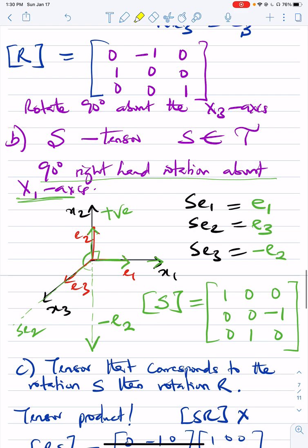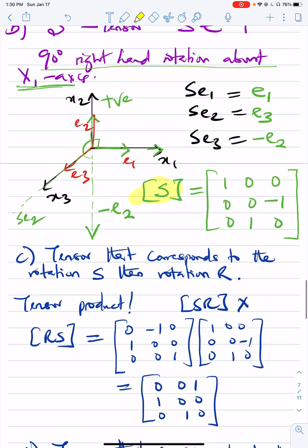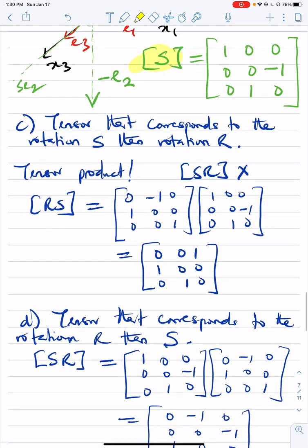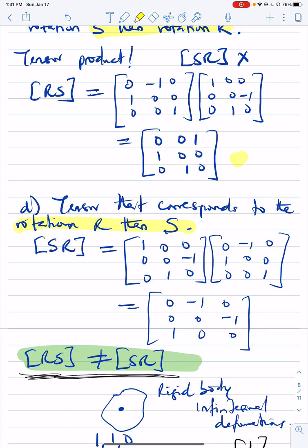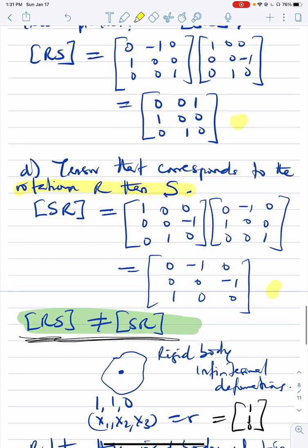So the rotation tensors were significantly different. You see, this was different from this, right? And also when we apply them, a single tensor that corresponds to rotation by S then R is totally different from a single tensor that does rotation by R then S, which we noticed as these values were different from these values, right?